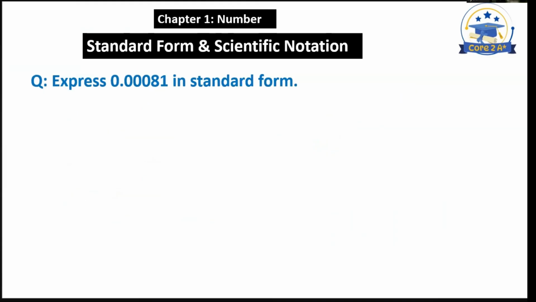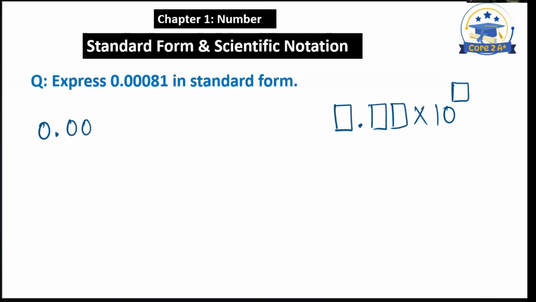Express this in standard form. Standard form, again, you know very well how to write standard form. Standard form: write the first number and then decimal and the rest of the number, okay? And multiplied by 10 to the power, the power, right? What power it has. So here, see, where is the decimal? 1, 2, 3, 4, 5.